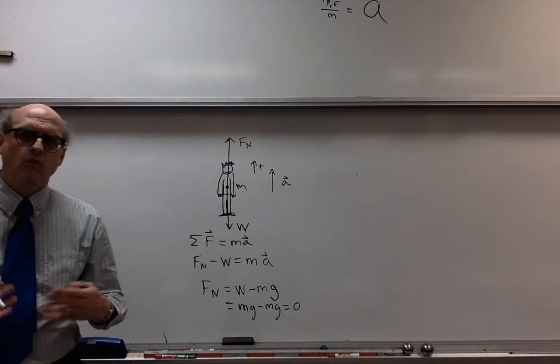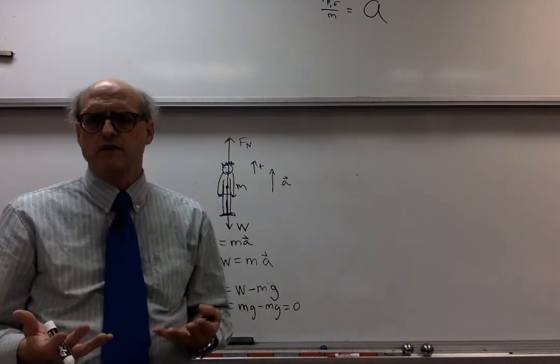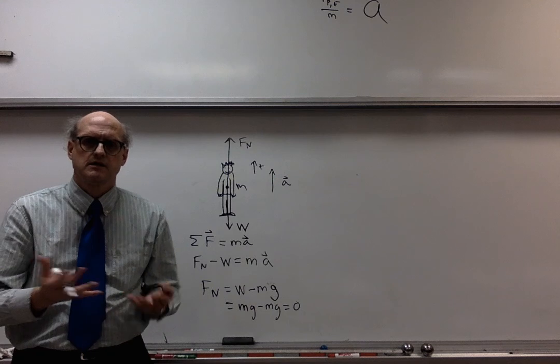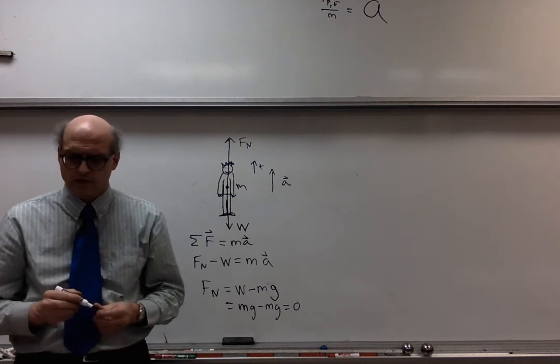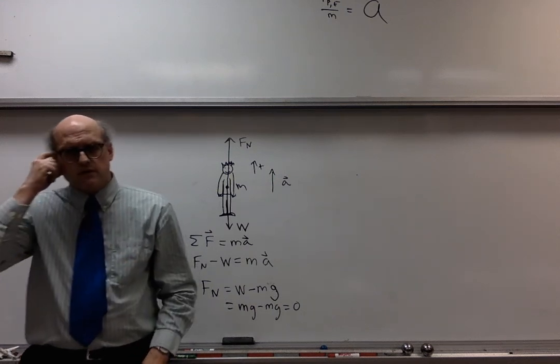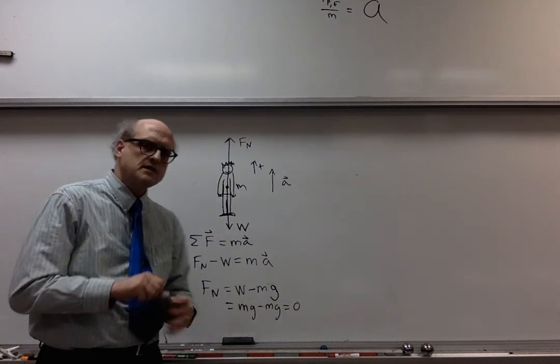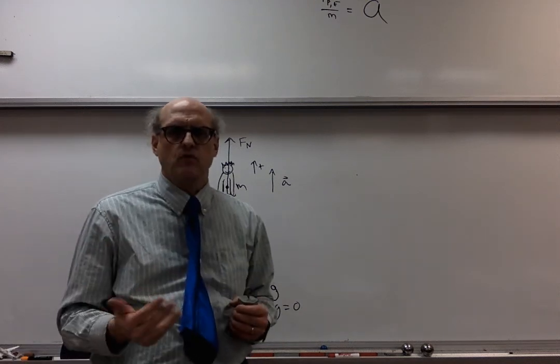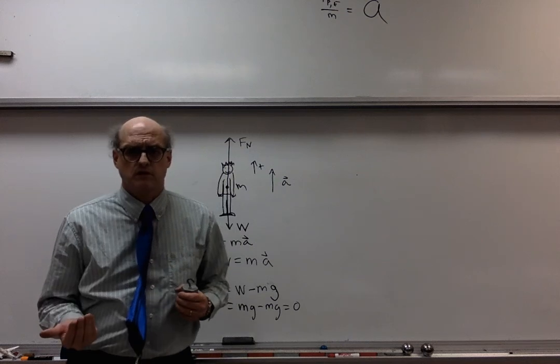By the way, why is the weight of something found by taking mass times the acceleration due to gravity? Okay, the reason this works is as follows. Newton's second law states that the net force is equal to the mass times the acceleration.